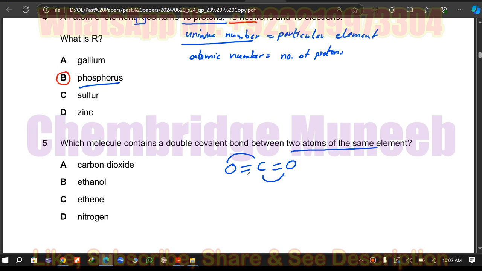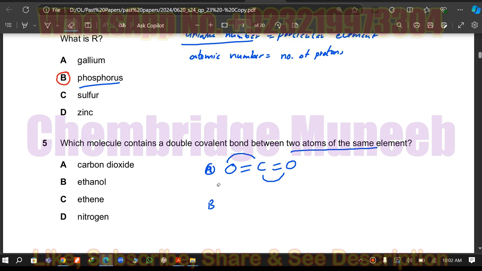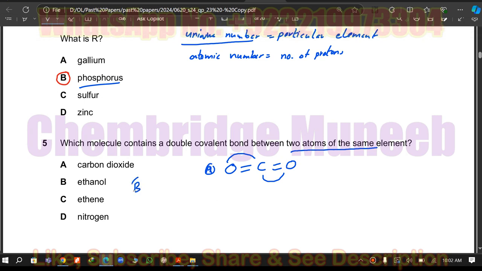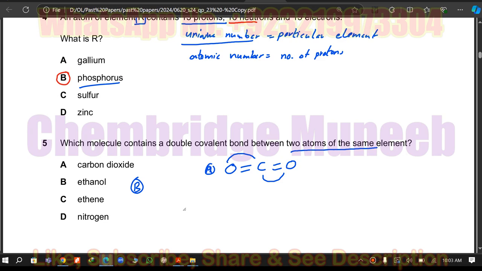Now check for the ethanol. This is for compound A, and then if I draw the structure for compound B, I need some space so that all the structures are shown in this provided area. Ethanol is shown like this.